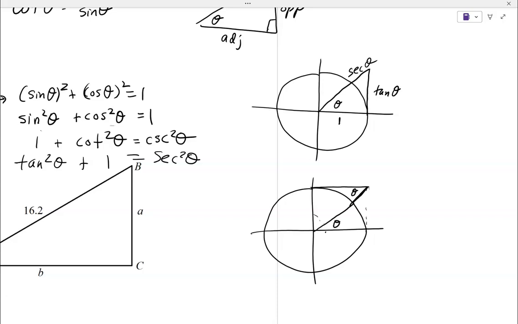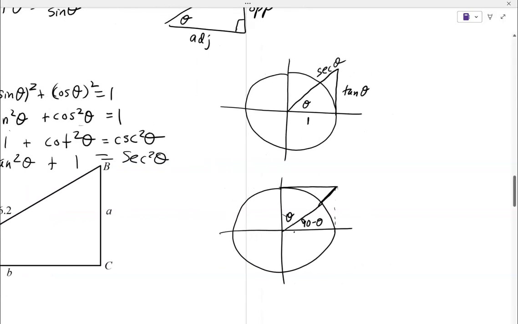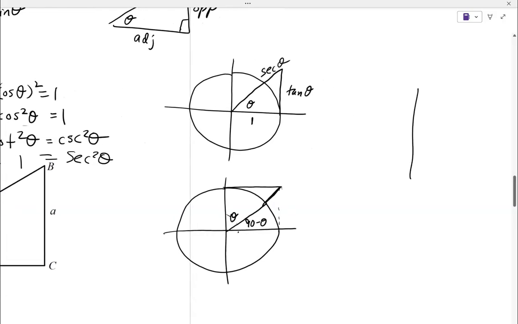Oh, that's what I need to do. Let's not do it that way. Let's make this the complement. Oops. And this my theta, and now that's cotangent. Anyway, doesn't matter. That's the same idea. The last one from a picture's perspective is more important anyway. I just was trying to give you an idea of where the names come from.